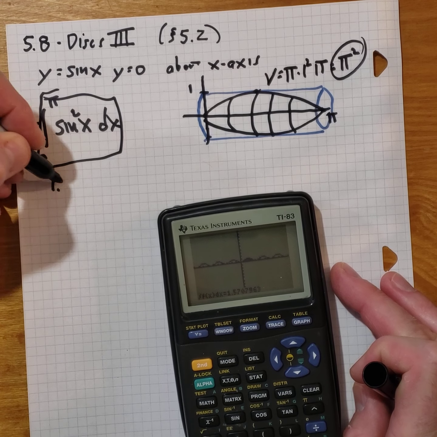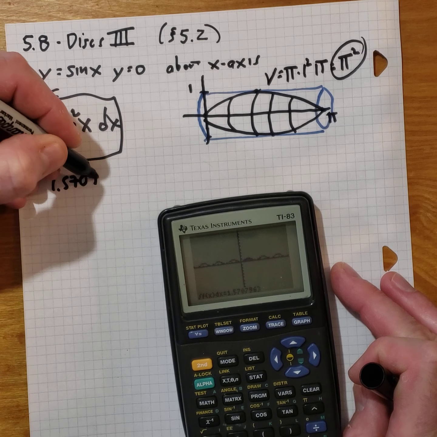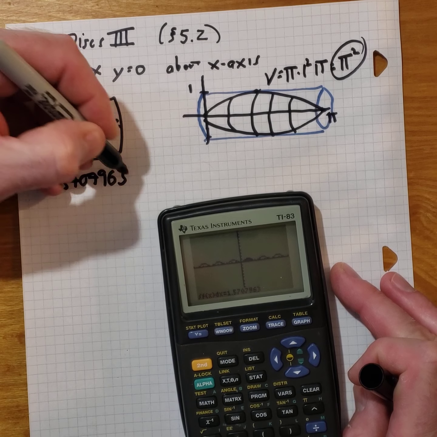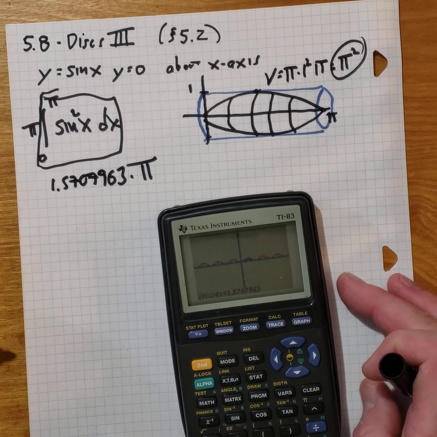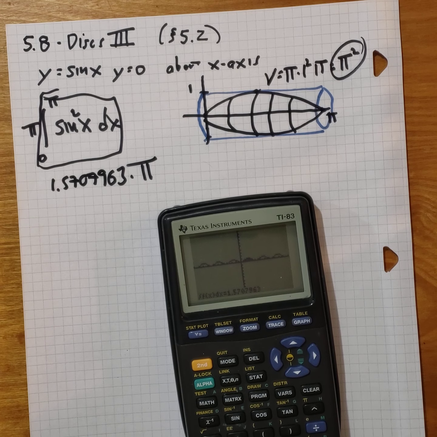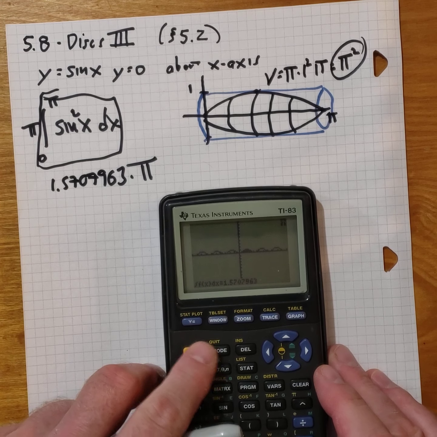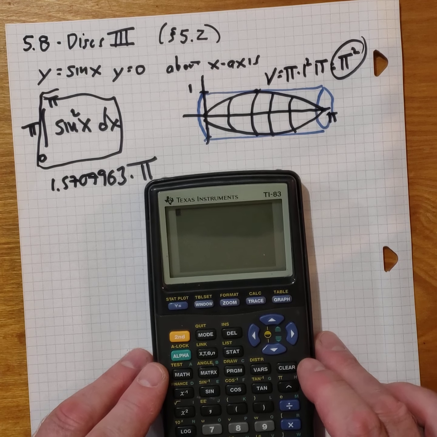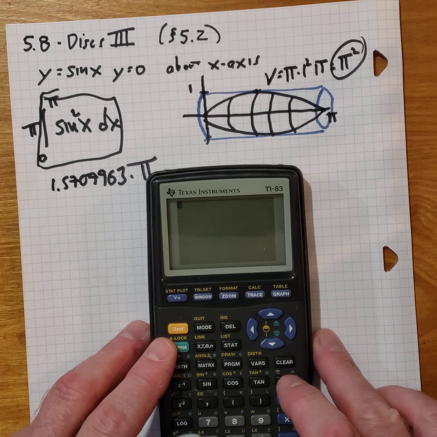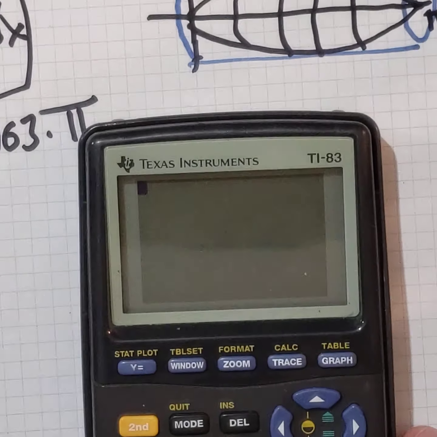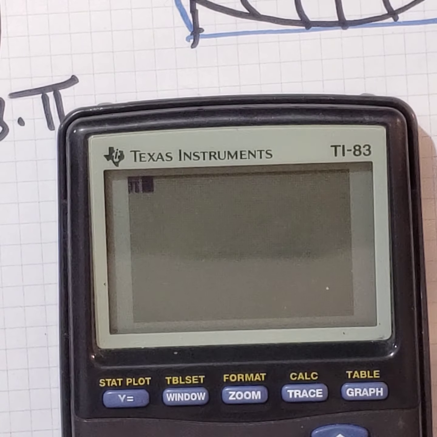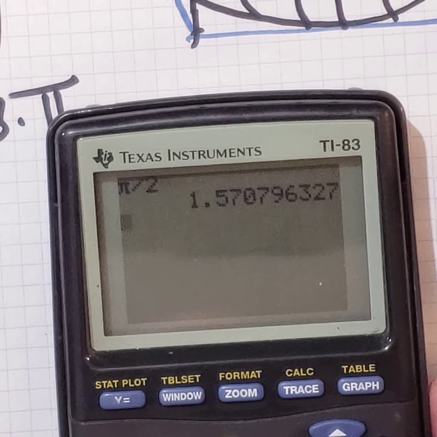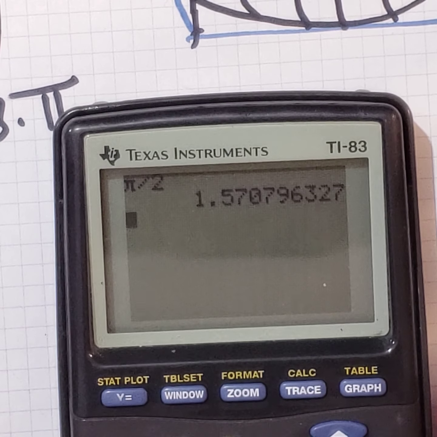So what we end up with is 1.5707963 times the pi from out in front. And if you recognize that number, that's good. If not, you can just keep it a decimal approximation, but pi divided by 2 is 1.5707963.